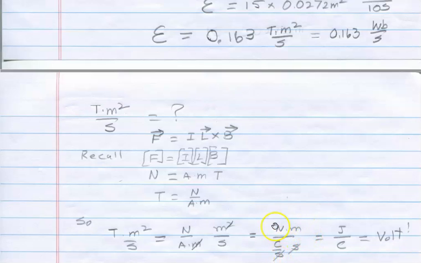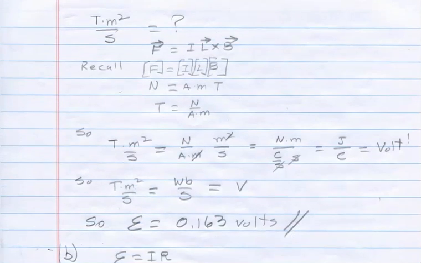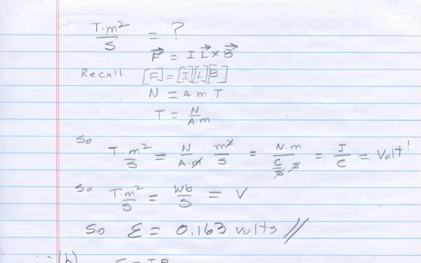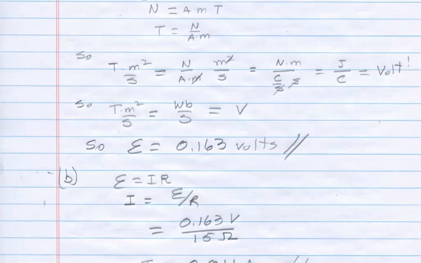And a Newton meter, I remember, is a joule. So I get a joule per coulomb. But remember, a joule per coulomb is what we call the volt. So I could replace these with volts. So 1 volt is a Tesla meter squared per second, or 1 volt is a Weber per second. Either one. In any event, that turns into 0.163 volts.